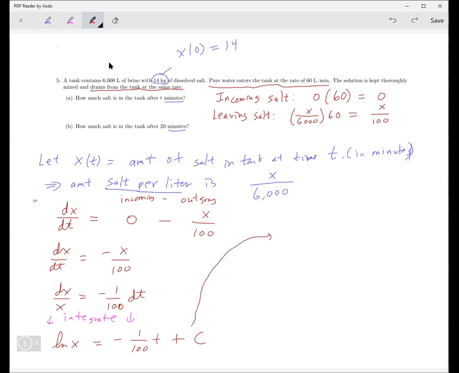Now we're going to exponentiate both sides. By that, we mean take each side, e to this side equals e to that side. But e to this side is just x.